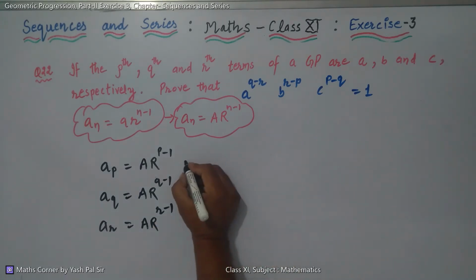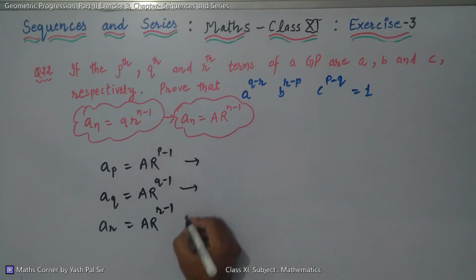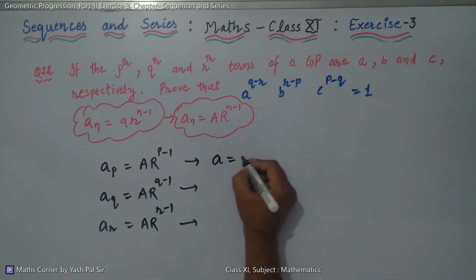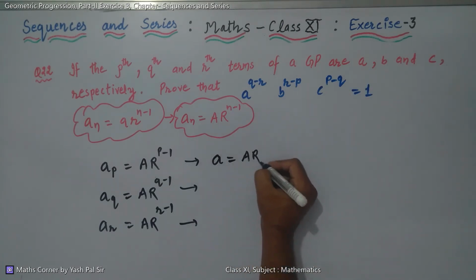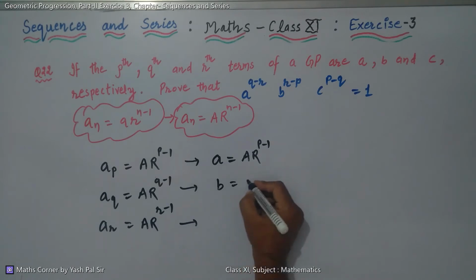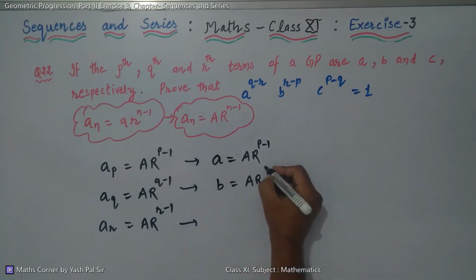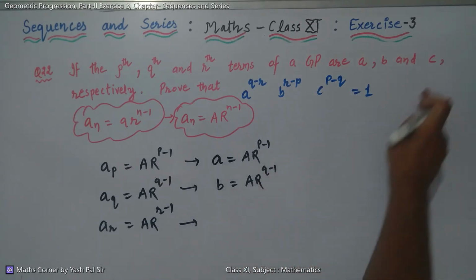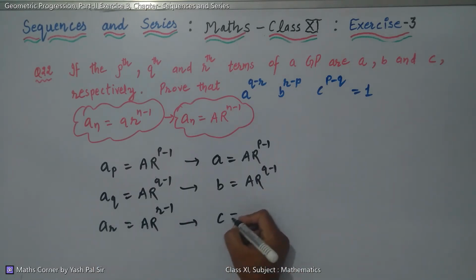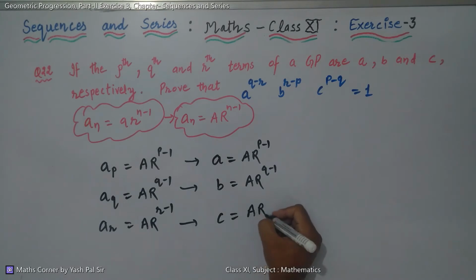Right? So from here, what do we find? The value of ap is equal to a, so a is equal to A R raised to power p minus 1. Here, b is equal to A R raised to power q minus 1. The third term, the rth term, is c. c is equal to A R raised to power r minus 1.